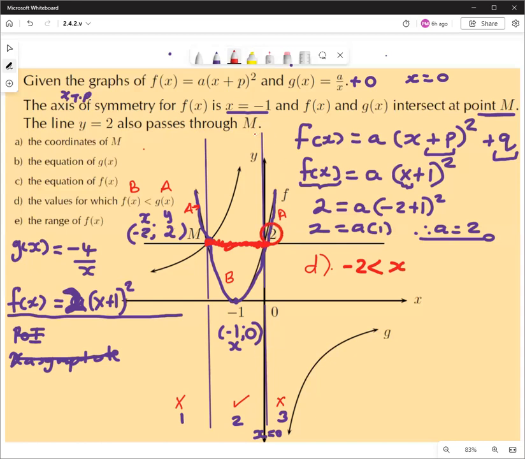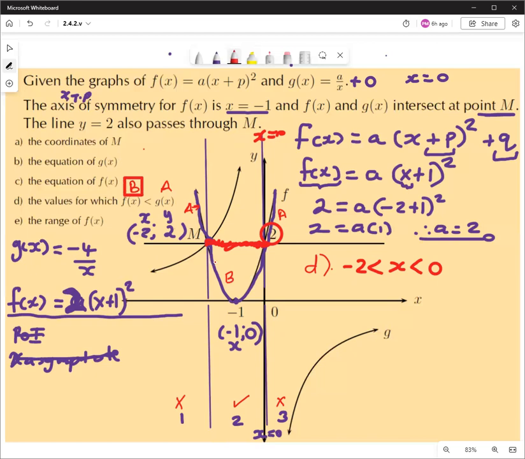Remember, this is x equals to 0, the y-intercept. So x values are smaller than 0. And then that's your solution for D. Just use the room method. I find it very easy. You divide the points of intersection with a line and the asymptotes. And then you check for where you have f being below, which is represented by B.